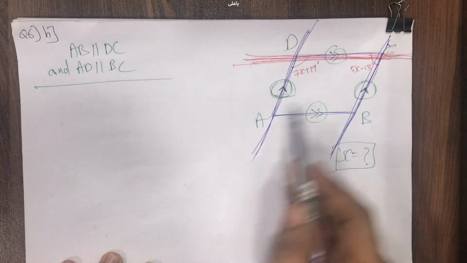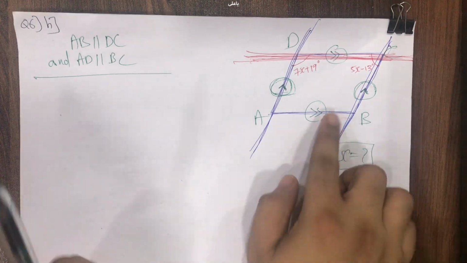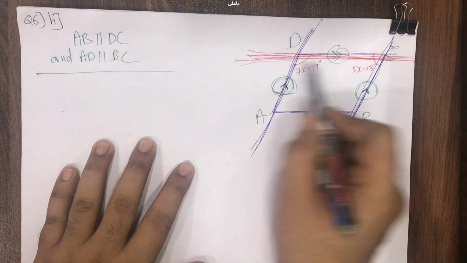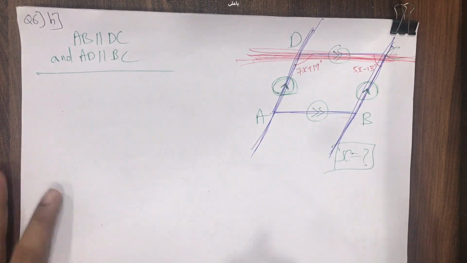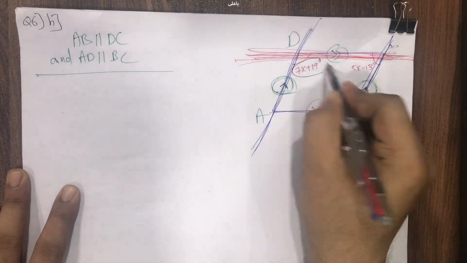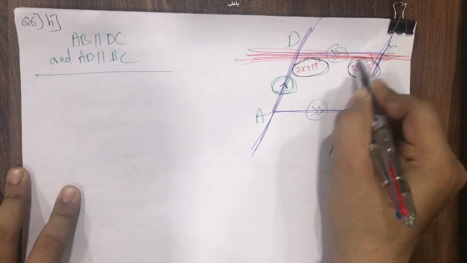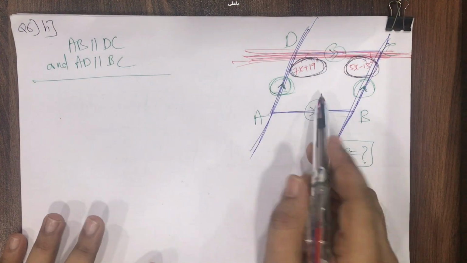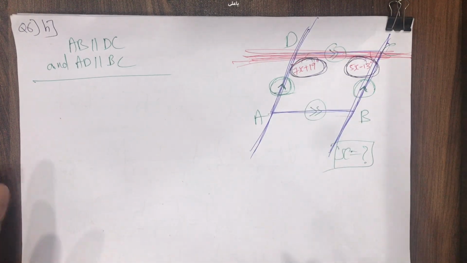For 1 minute, just forget about this line. So these 2 lines are parallel to each other, and this red line acts like a transversal. So now, students, can I say these 2 angles are the interior angles between the 2 parallel lines? So the sum of the interior angles is equal to 180 degrees.